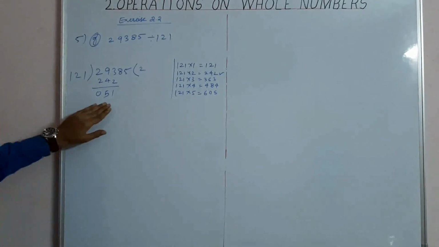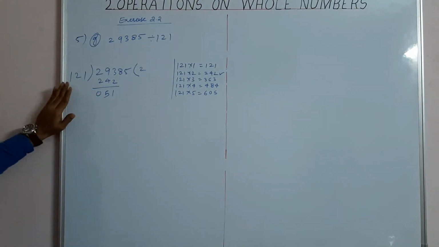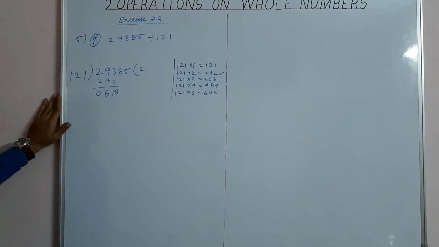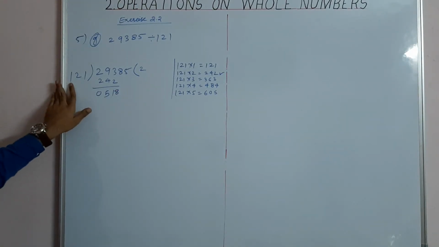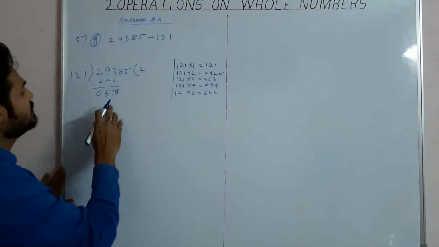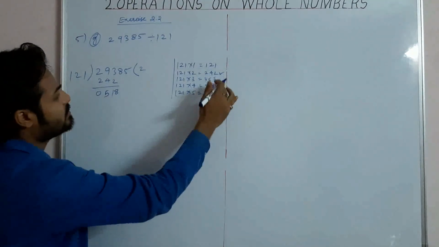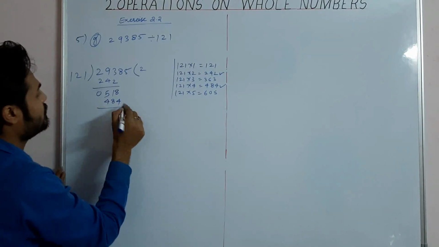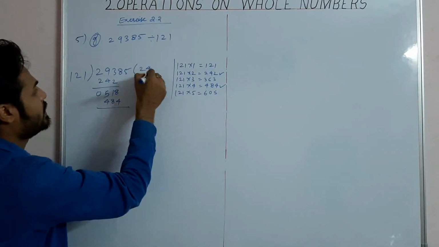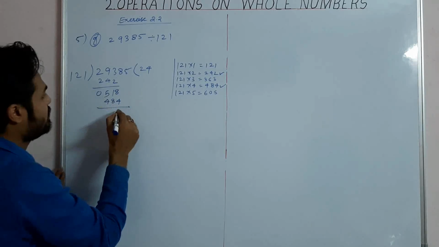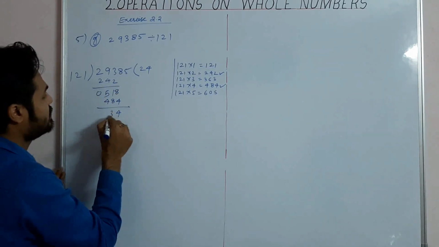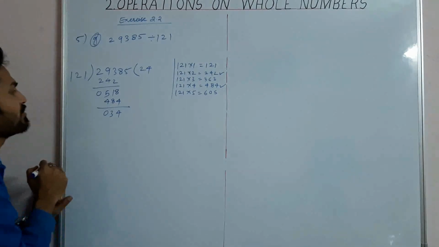Again 51 is less than 121, so we'll write 0 here. Again we have to check from the table the greatest number which is less than 518. 484. And we'll write 4 here. So 8 minus 4 is 4. 1 becomes 11. 11 minus 8 is 3. Here is 0.